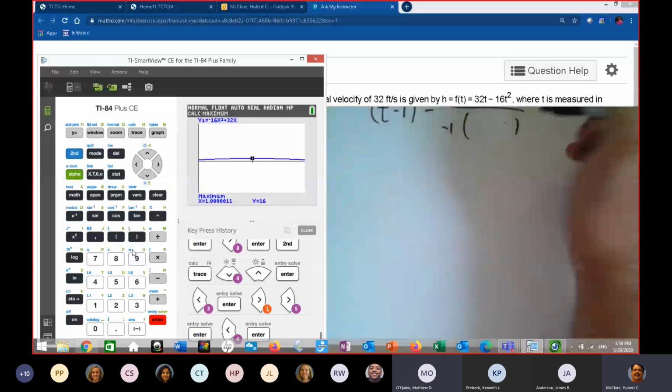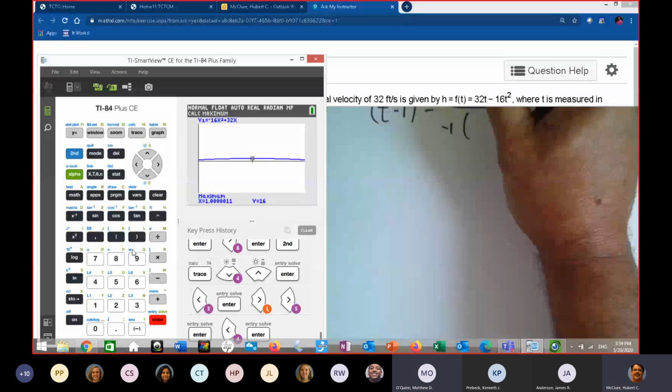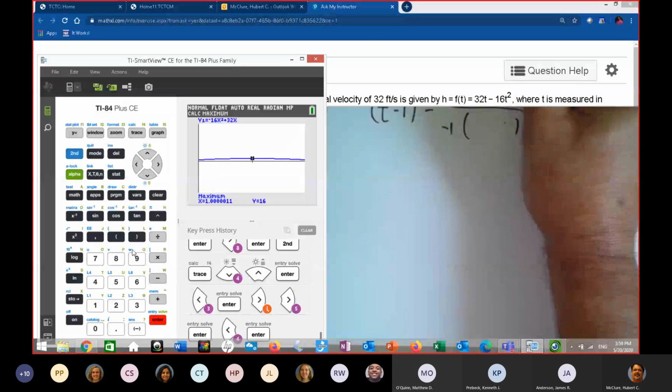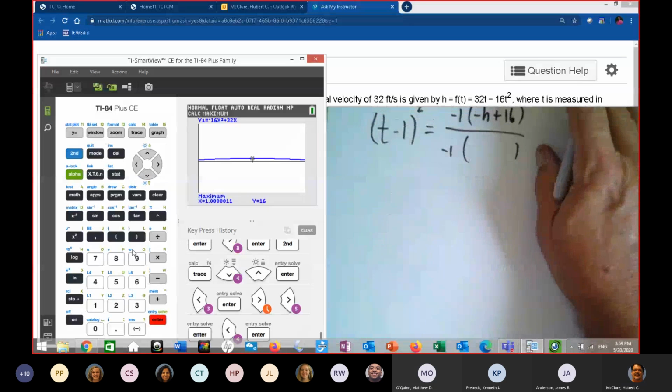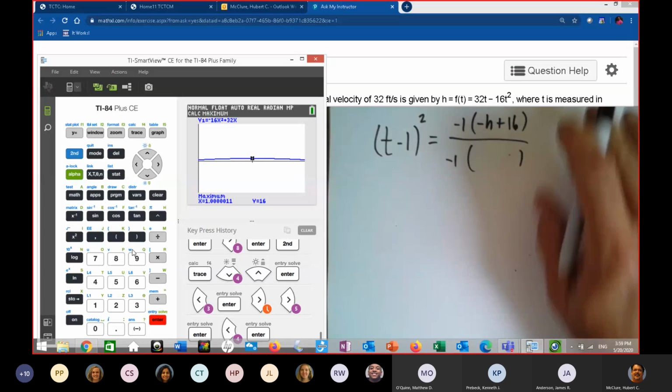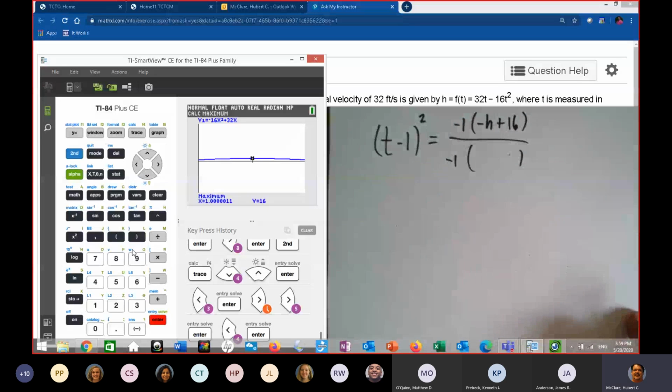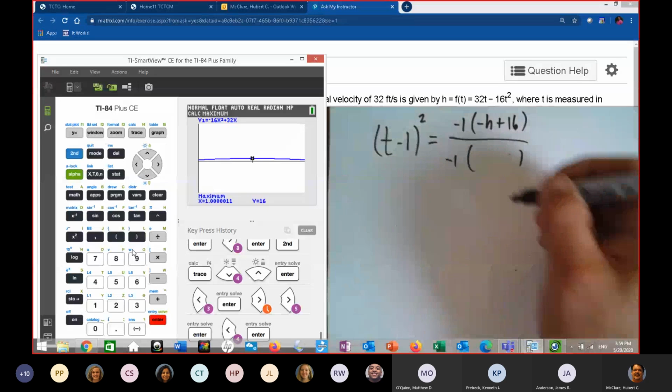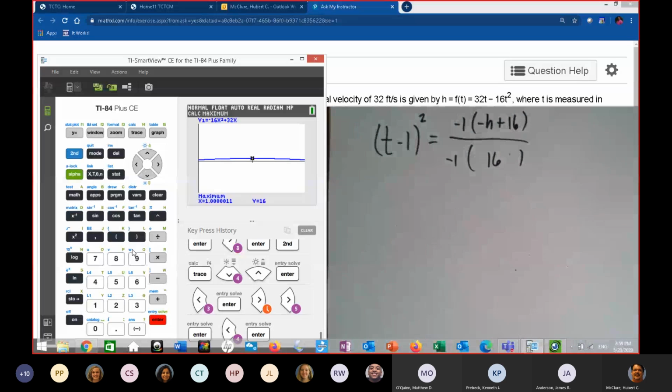I think I got it right now. And what's negative 1 over negative 1? Negative 1 over negative 1 is positive 1. So I'm just making it look different.